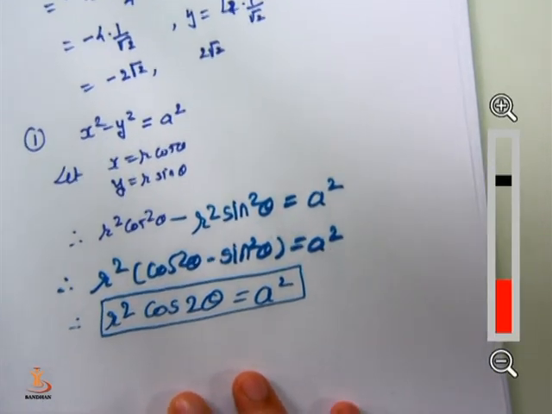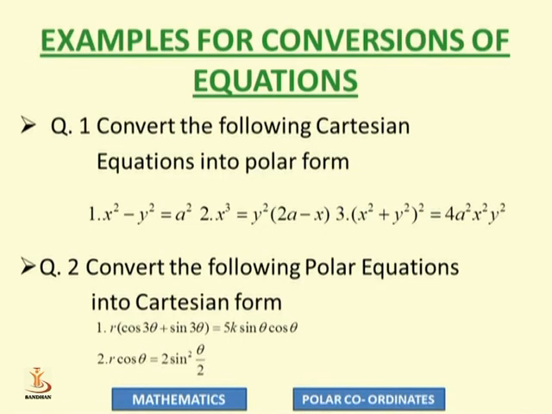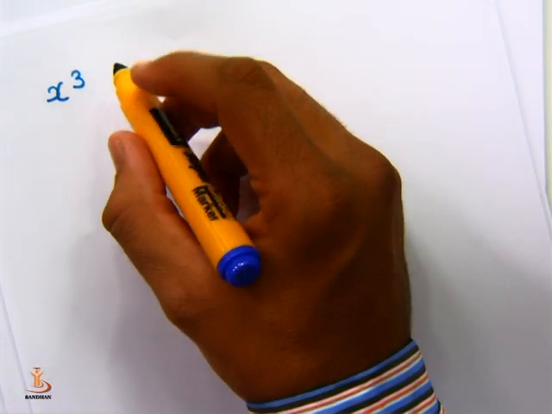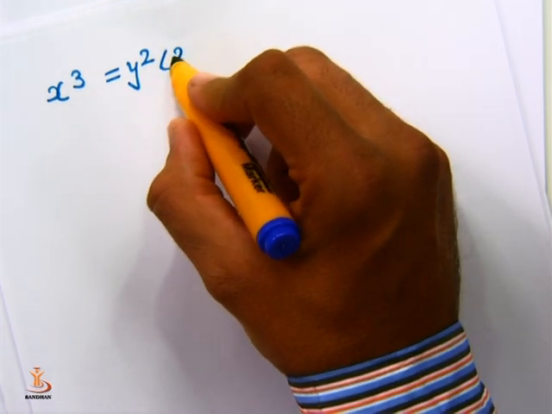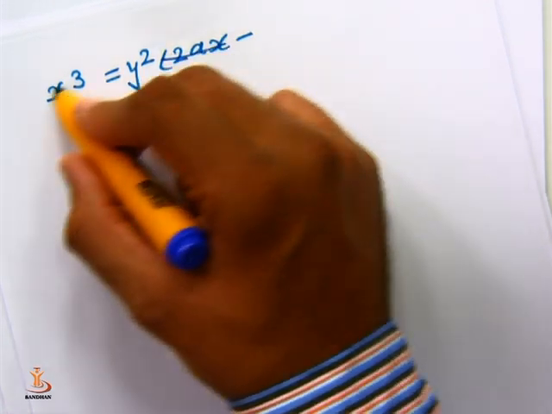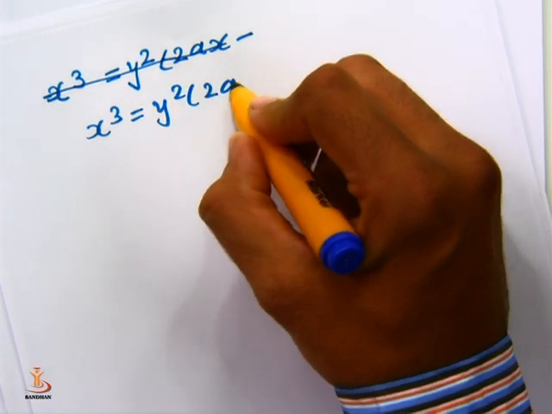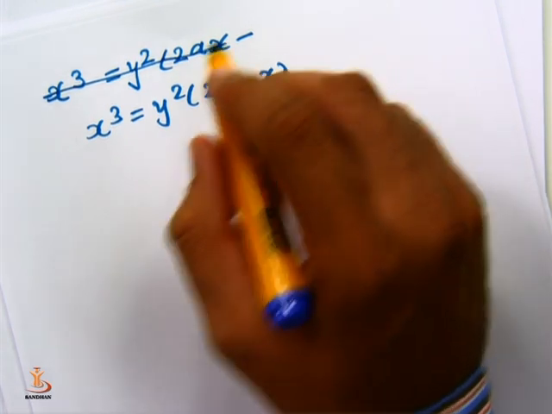For the sake of simplicity, we will take one more example of the same type. Say this time you have the equation x cube equals y square into (2a minus x). The equation is x cube equals y square (2a minus x), and now this is supposed to be converted into polar form.